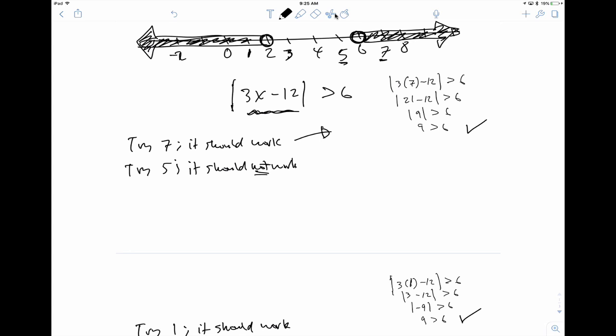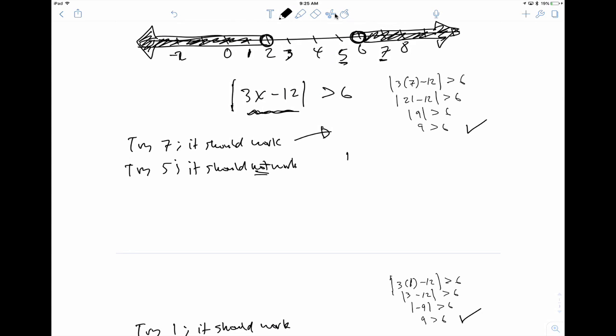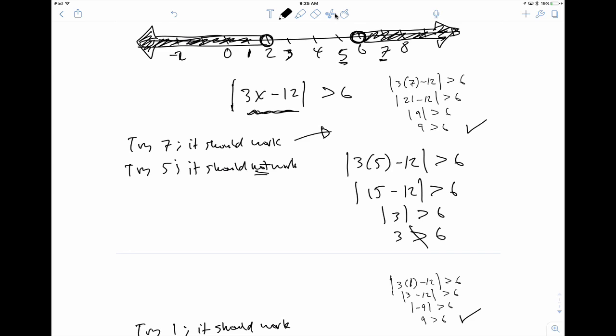And then the one that should not work, we're saying, is 5. So the absolute value of 3 times 5 minus 12, greater than 6. The absolute value of 15 minus 12, greater than 6. The absolute value of 3 greater than 6. Is 3 greater than 6? No, it's not. And that's what we expected.